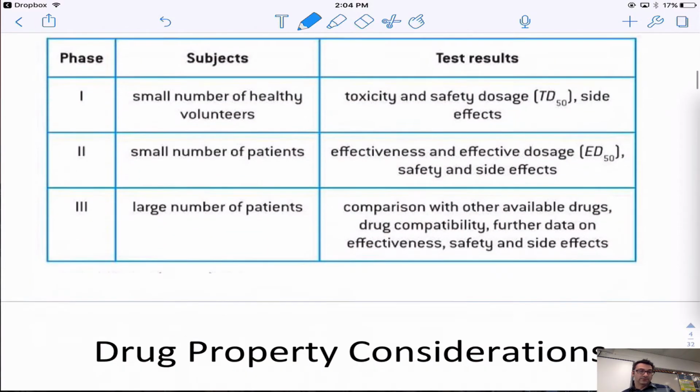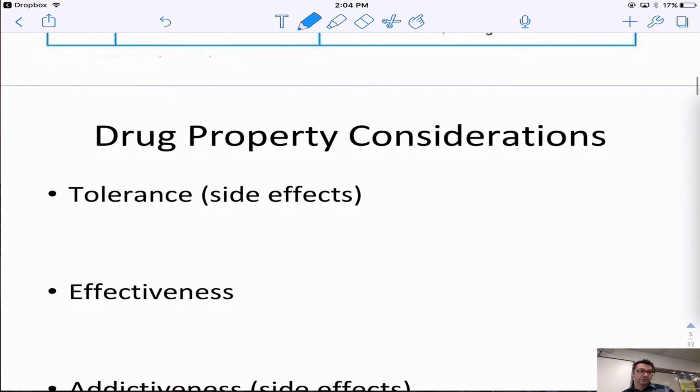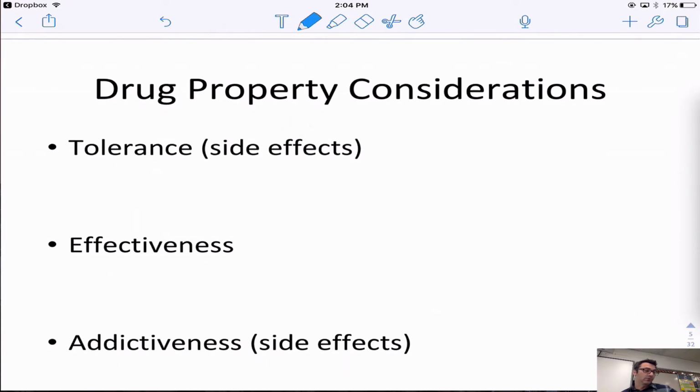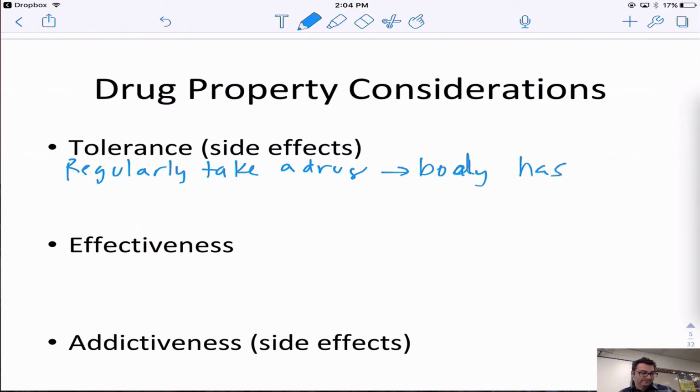So let's talk about the drug property considerations that you need to understand. One of them is tolerance. This is where after you regularly take a drug, your body reduces its response.